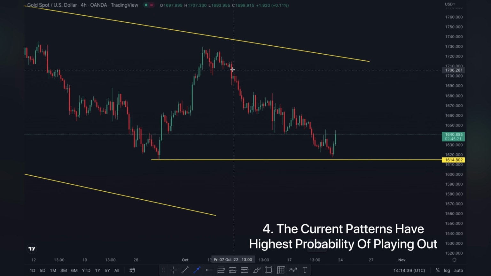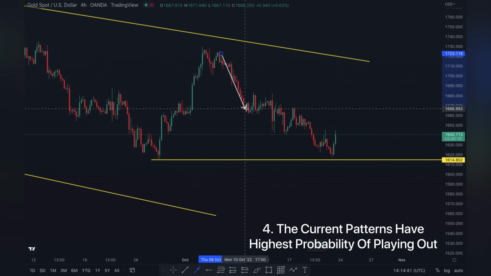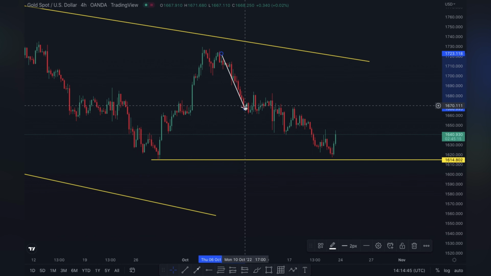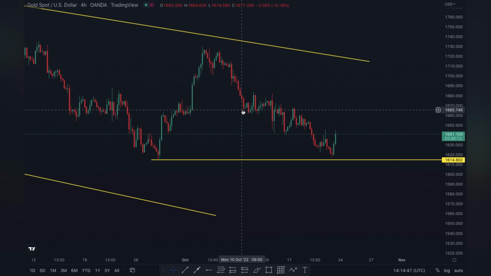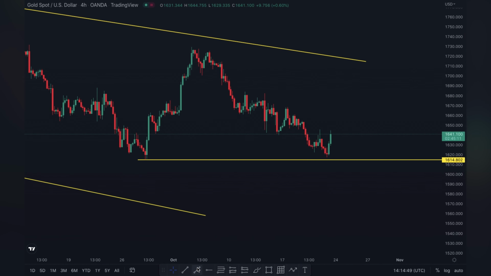Now, if you look again, this is an impulse. You see the way it ran down. There's no highs and no lows. It just ran bearish to the downside. So that is an impulse to the downside, right? And then after the impulse, we started having corrections. There was a little exhaustion here, then this, to that side, then down.